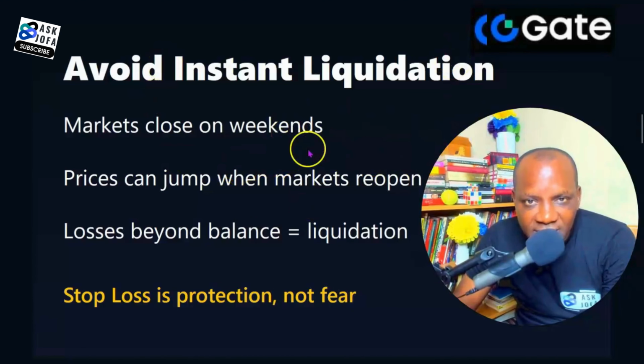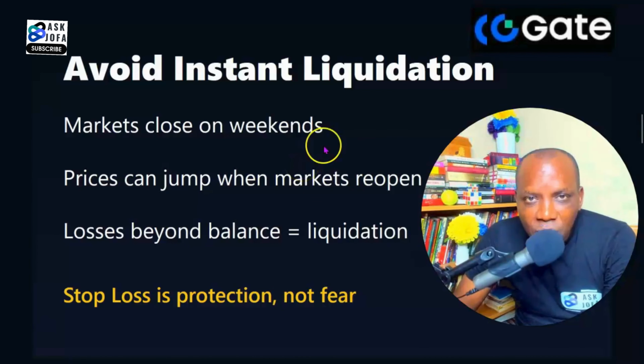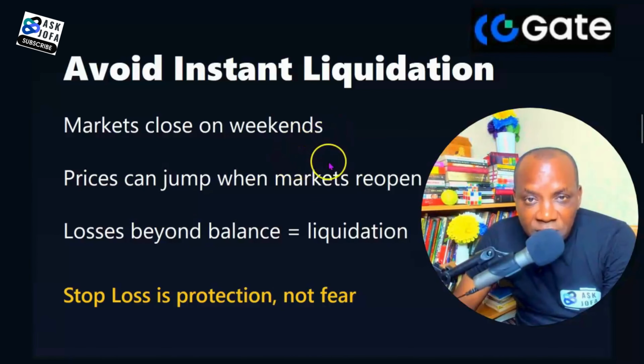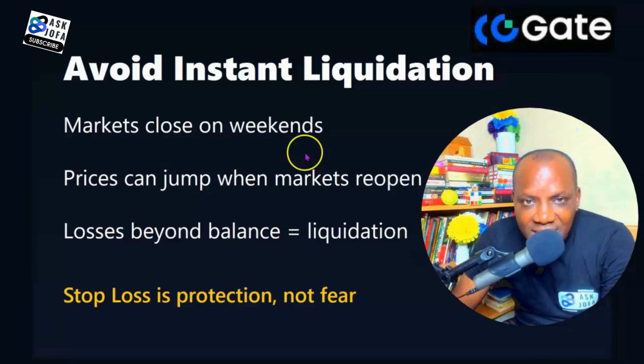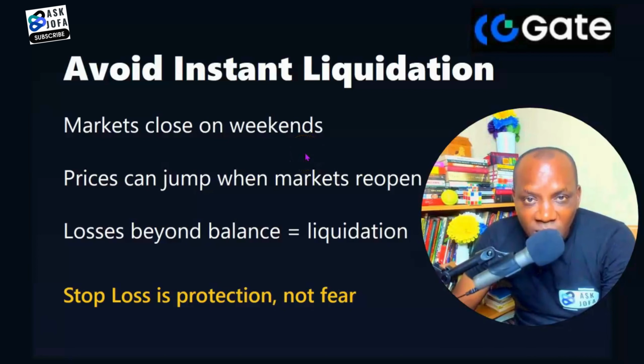They close on weekends, unlike crypto trading that you can do at any time. When or if a major event happens, big news happens, it can affect price. By the time trade opens on Monday, it will not be the same price it closed on Friday. That brings about what we call gap.